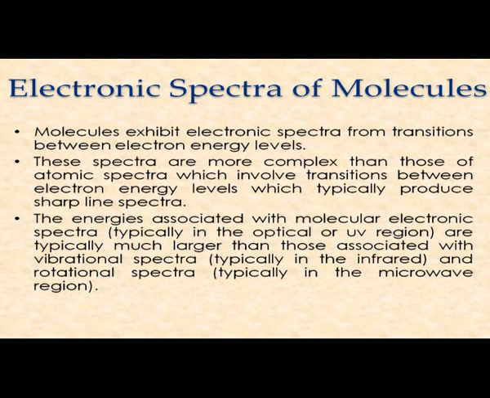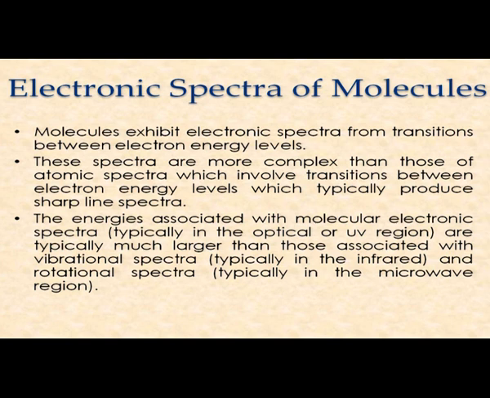The energies associated with molecular electronic spectra, which is typically in the optical or UV region, are much larger than those associated with vibrational spectra. Vibrational spectra energy region will be typically in the infrared region, and rotational spectra energy level will be typically in the microwave region.